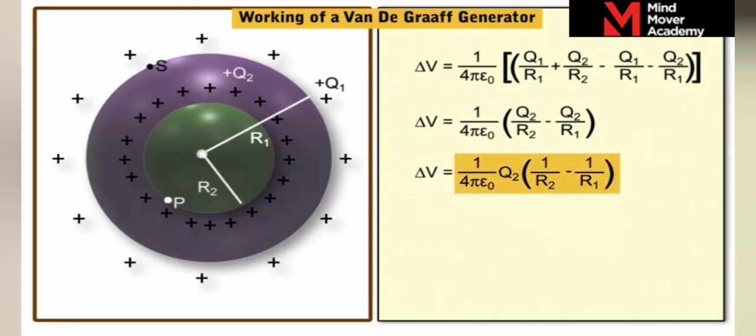From the expression for delta V, we also see that the potential difference between the inner and outer spheres is independent of the charge Q1 given to the outer sphere. If we now connect the inner sphere to the outer sphere, charge flows from the inner sphere to the outer sphere, since the inner sphere is at a greater potential as compared to the outer sphere.